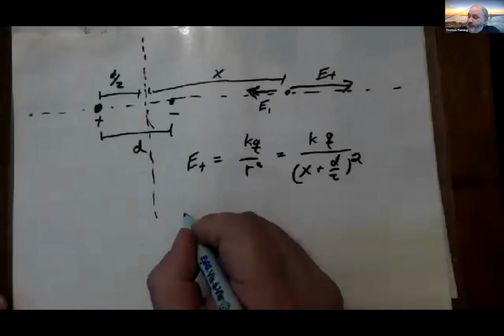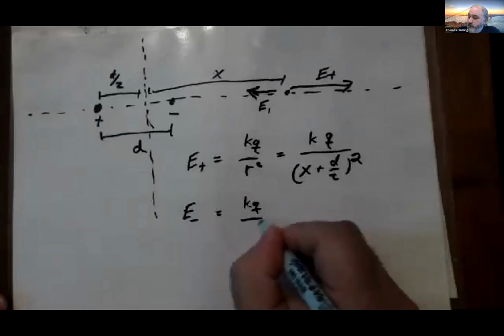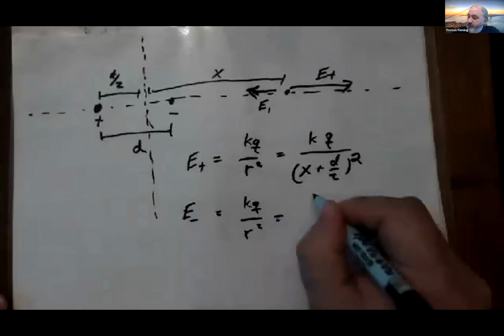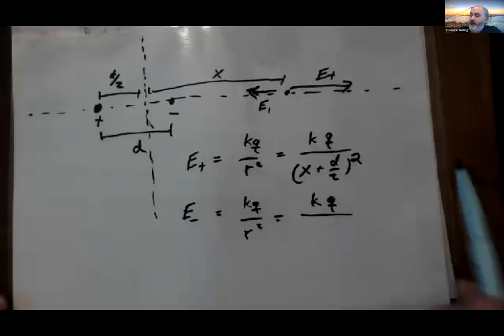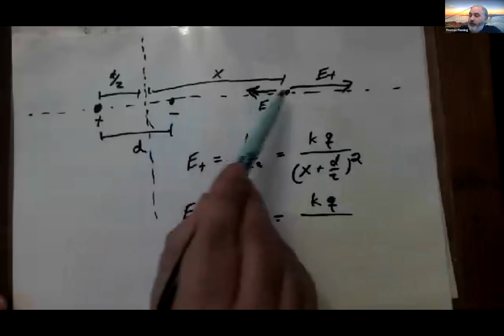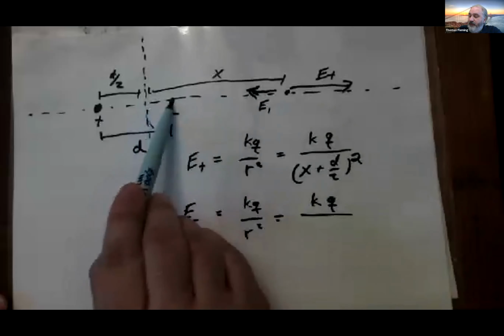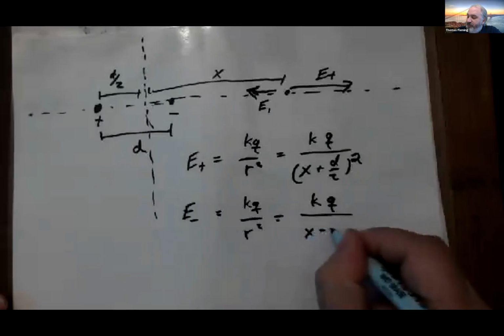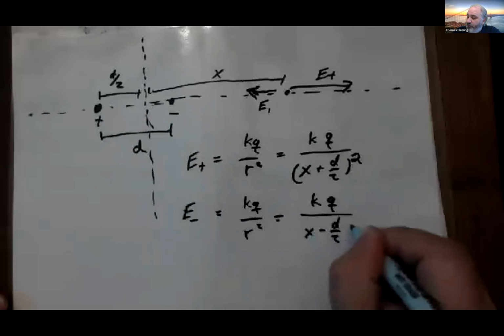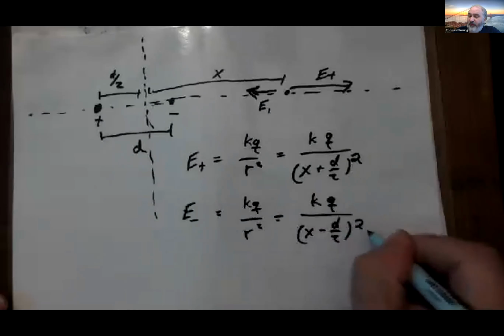The electric field from the negative charge, I would get in a similar fashion. kQ over, except wait a second. This guy is actually closer to that point by d over 2. So it's going to be x minus d over 2, because it's a little bit closer.